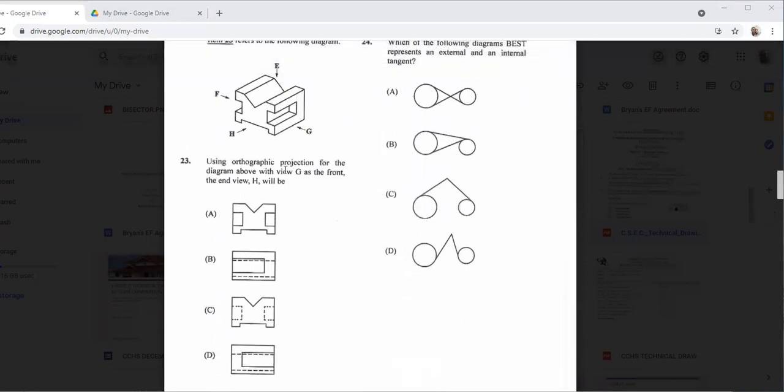Using orthographic projection for the drawing above, which view has G as the front and H as the end view?